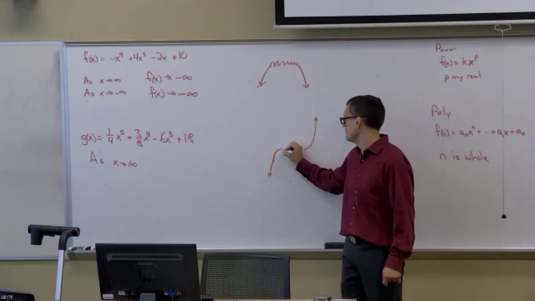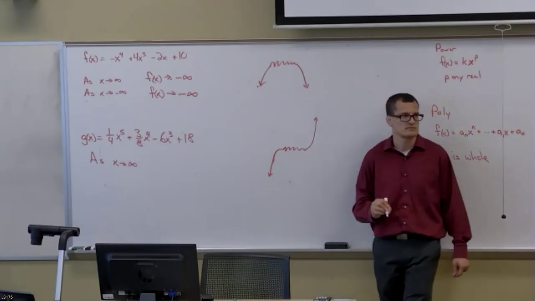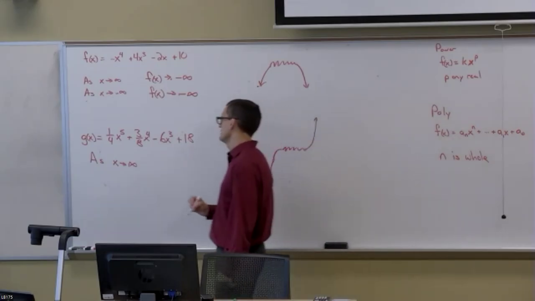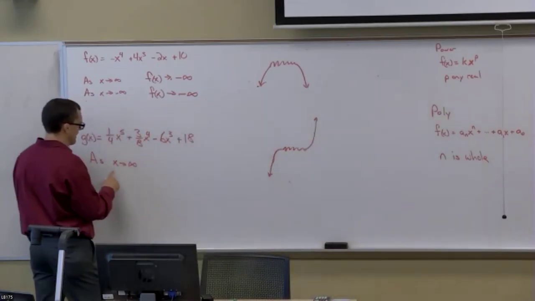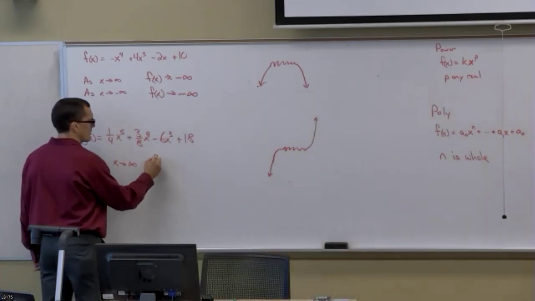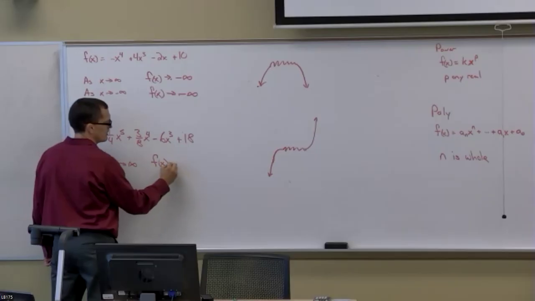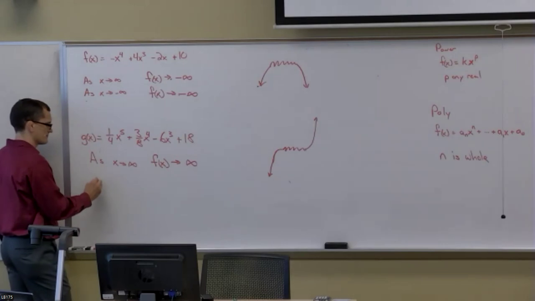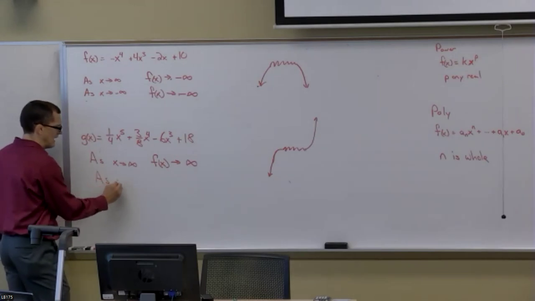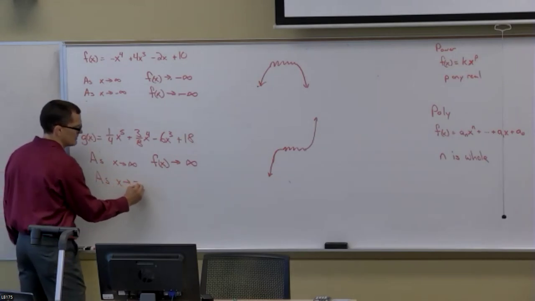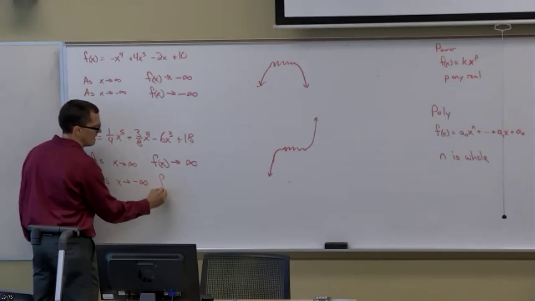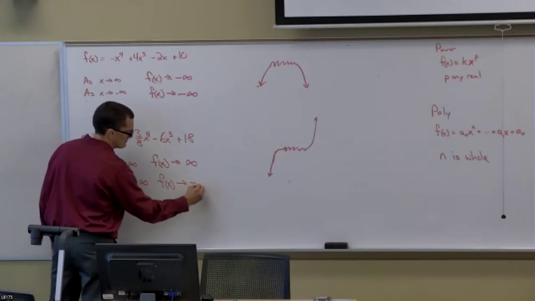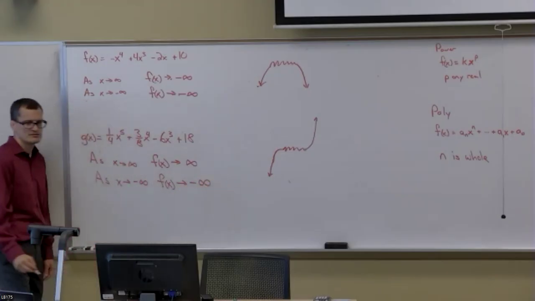Again, weird stuff might happen in the middle. But as x moves towards the right, my function goes off to infinity, shoots up. As x moves towards the left, at the end, my function is going to shoot down. So it's going to go to negative infinity.